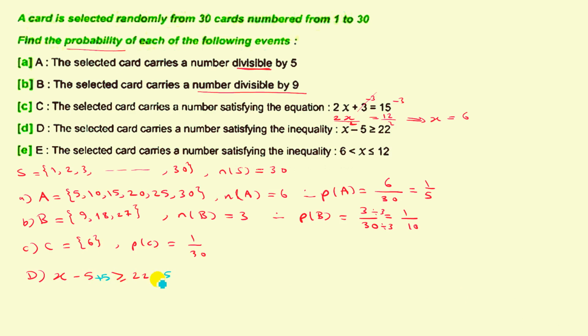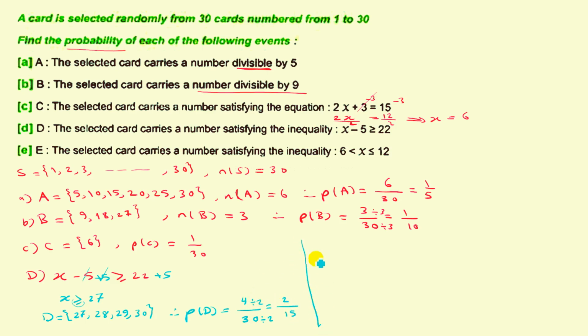Negative 5 cancels with 5, so x is greater than or equal to 22 plus 5, which is 27. So the solution set is 27, since it is equal, then 28, 29, 30. These are the elements of this event. Therefore the probability of D is equal to the number of elements in D, 1, 2, 3, 4 elements, over 30. Simplify: these two numbers are divisible by 2, so 2 over 15. You can use a calculator.